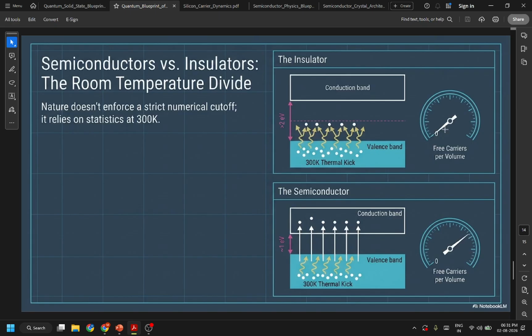So there is no conduction. Whereas in semiconductors, a very specific amount of electrons can cross the forbidden gap and move to the conduction band. So there is a quantified amount of free carriers per volume in the conduction band at room temperature, which can provide some amount of conduction.